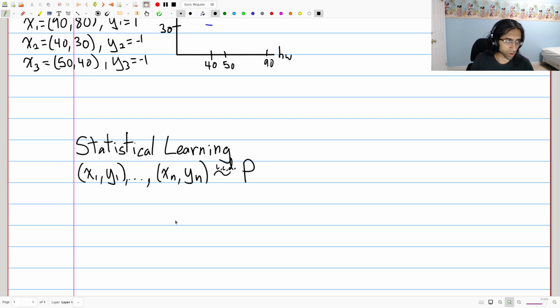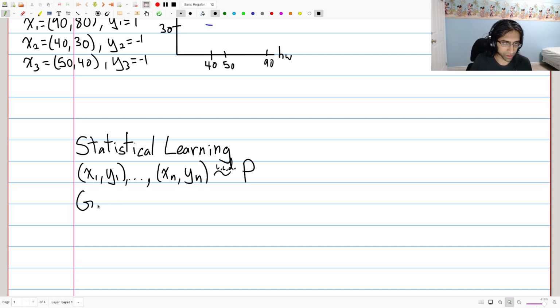So this is our training data, and what we're trying to do is make sure that if we're given a new point from the same distribution, it's going to have low error. So in general, our goal is the following. Sorry, let me clarify.